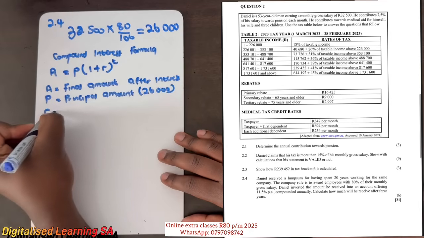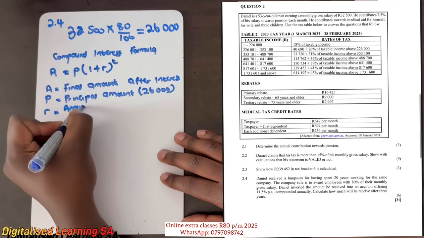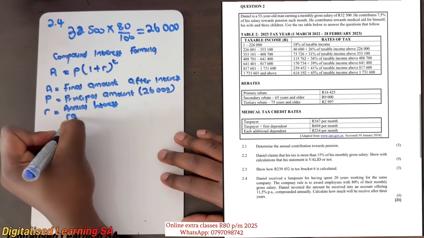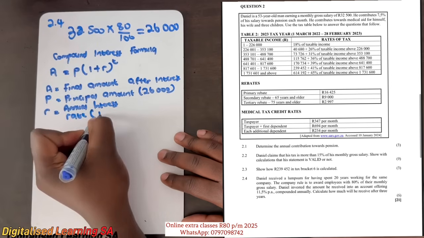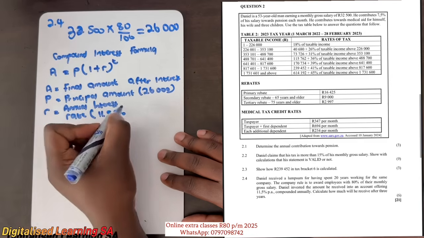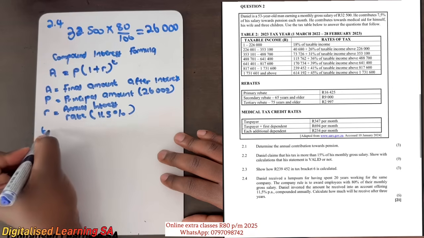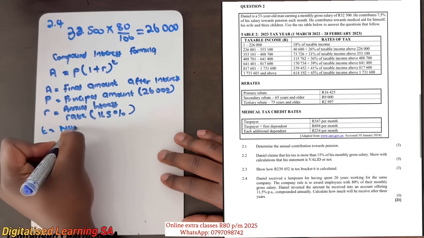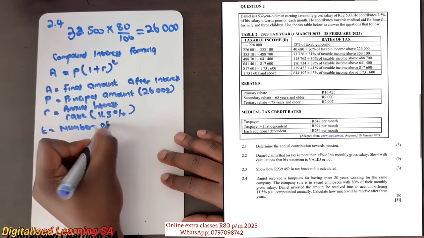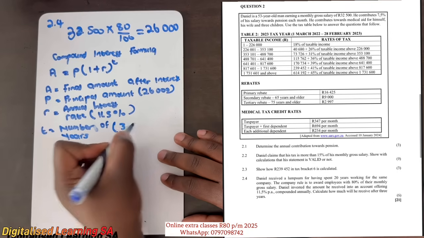And R is the annual interest rate, which is 11.5%. Okay. And T is the number of years, which is 3 years.